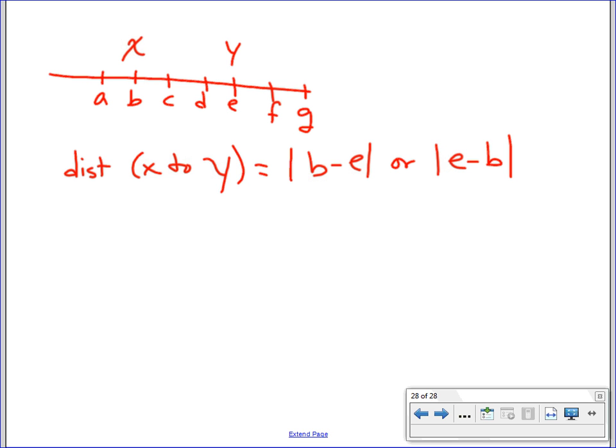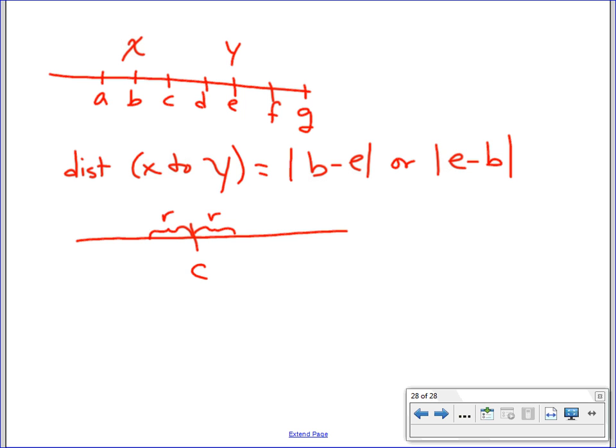Now, one of the things that we're going to take a look at is when we have some center value. Let's take a look again here. Let's say we have some center value, or C, and then we want to be able to go R units to either side of this.